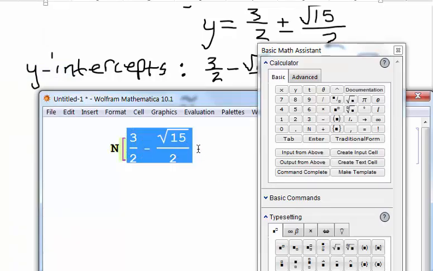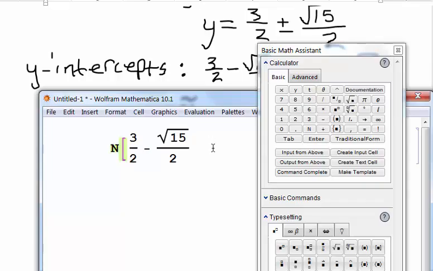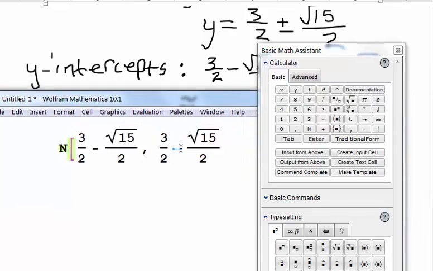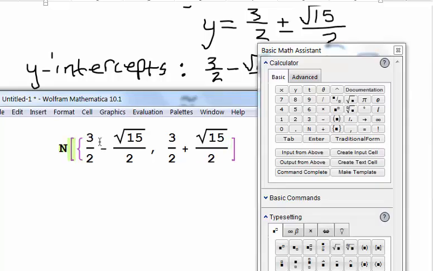So I'm doing a Control-C to copy that, and a Control-V to paste it again, and I'm simply going to change this to a plus. So this tells Mathematica to give me a numerical approximation of this. And actually, I'm going to put this in braces. I have to give this as a set.